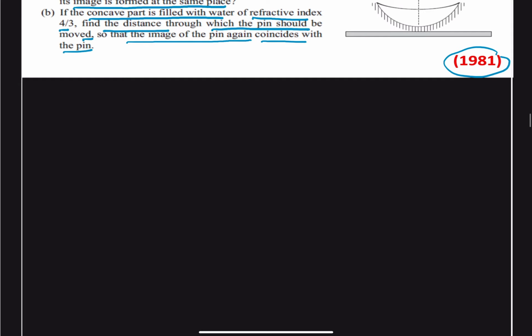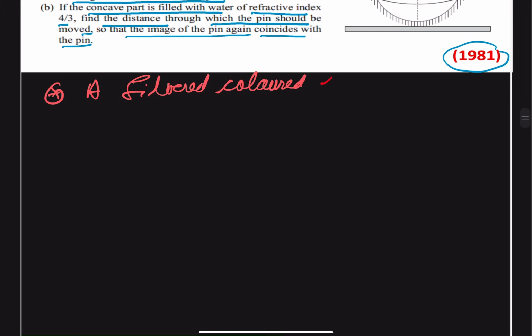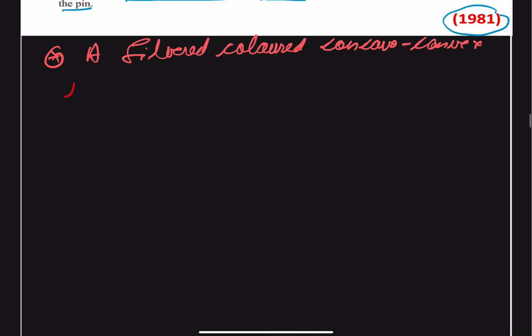Okay, so we can say that a silver coated concavo convex lens, where light undergoes three transformations.